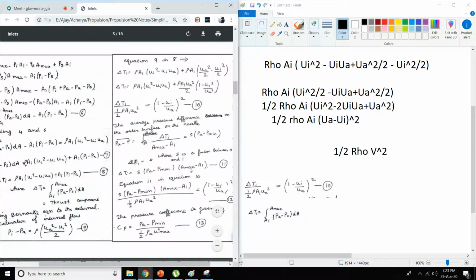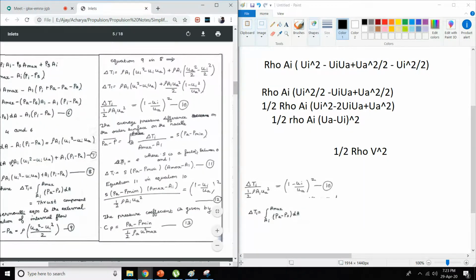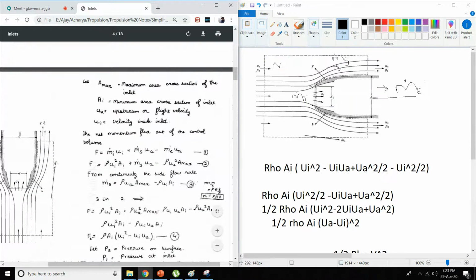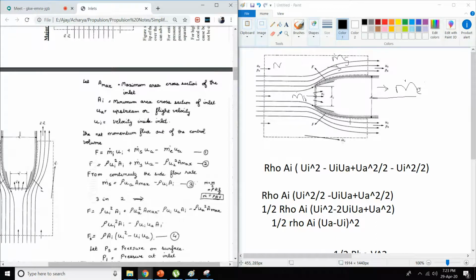And S is a factor between 0 and 1. So how much of the surface are you actually touching? If this is your surface, your flow might not be completely on the surface.